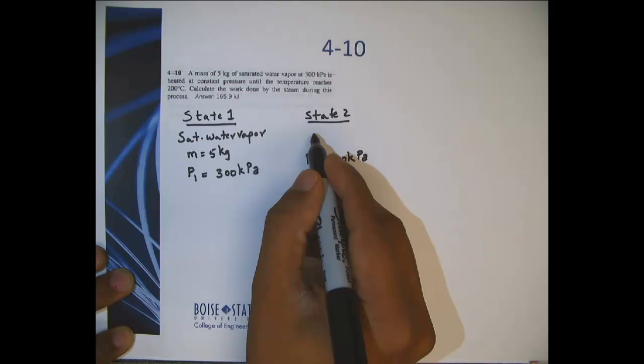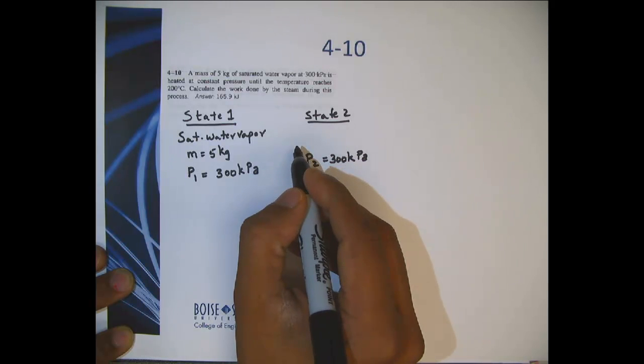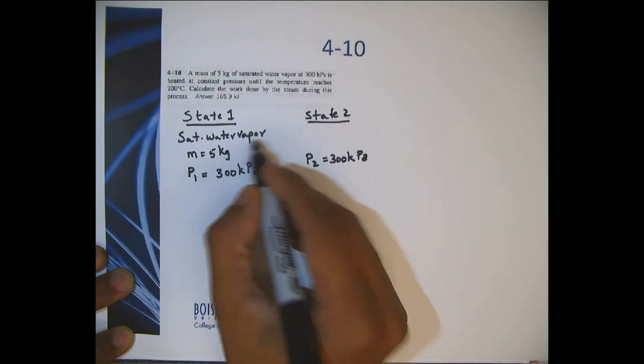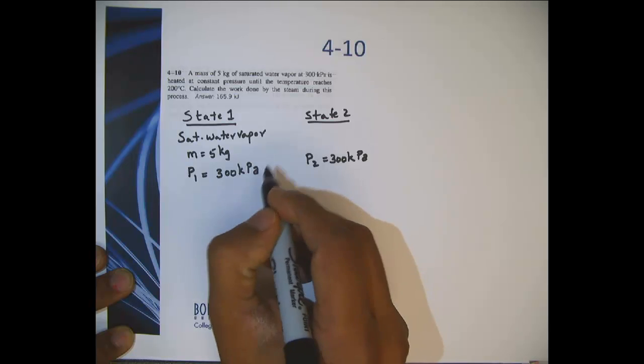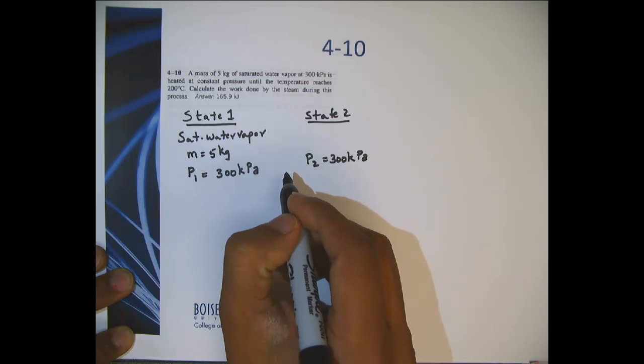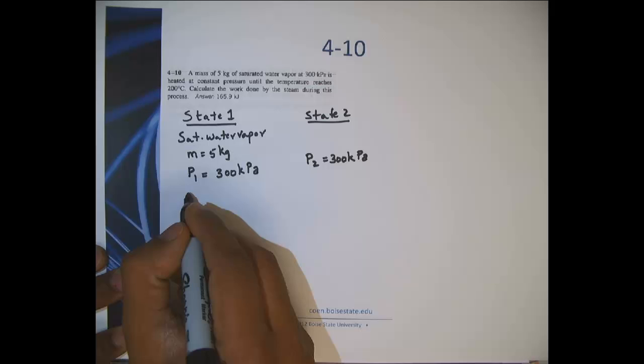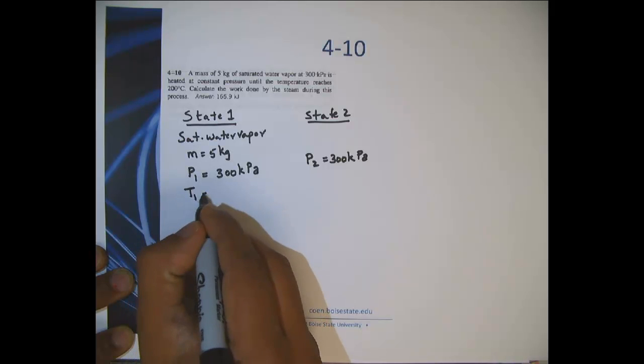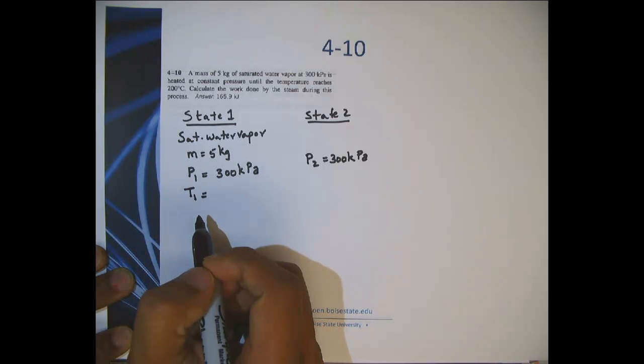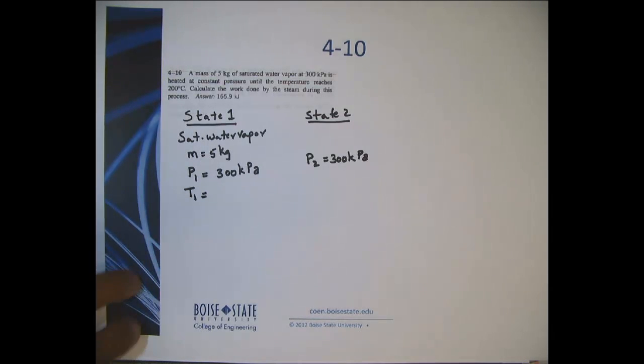We don't know yet what the phase is in state 2. However, we can quickly look at the tables and determine that. First, let's determine the temperature at this pressure. Since we know it's saturated water vapor, we go to the saturation tables.